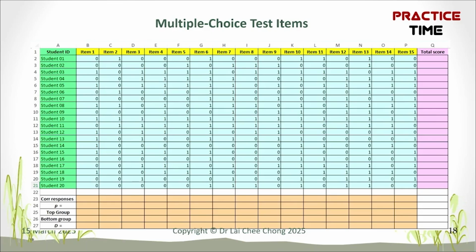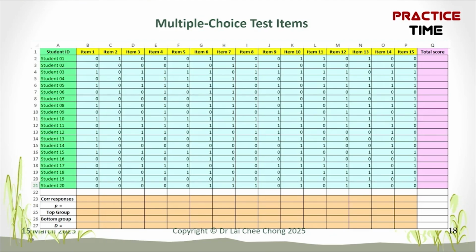Your PC now. You have this spreadsheet, the first one, MCQ. Look at your MCQ here. Now, okay, let us look at how to calculate the difficulty index. Now, here you can see that I got 20 students here, and altogether there are 15 test items.